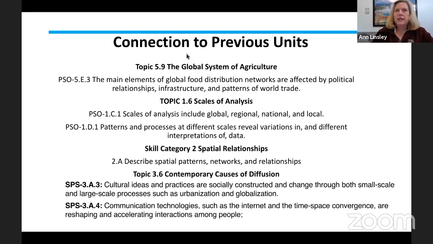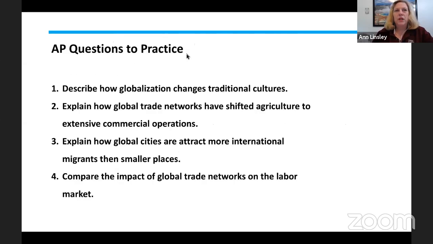All right, so I have a couple of questions for you to practice. How does globalization change traditional cultures? Probably should have talked about that in Unit 3. Global trade networks have shifted agriculture to extensive commercial operations. Explain how.